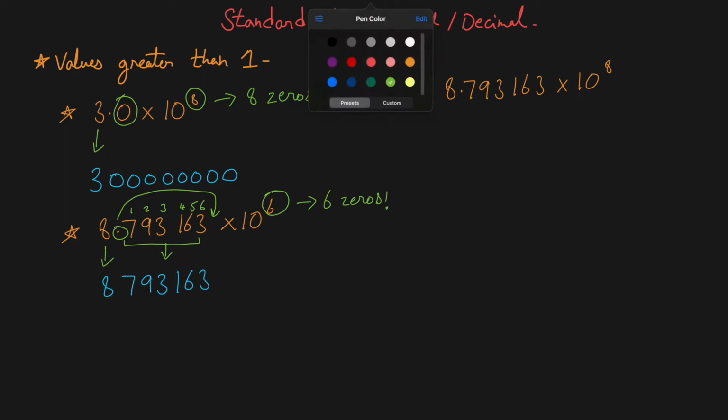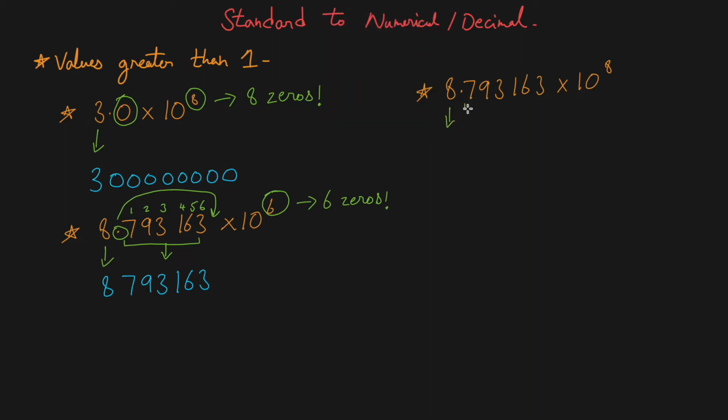We're going to use the same method as before. Write the digits as they are: 8, 7, 9, 3, 1, 6, 3. Now look at this power, tens power 8, which basically means 8 zeros.